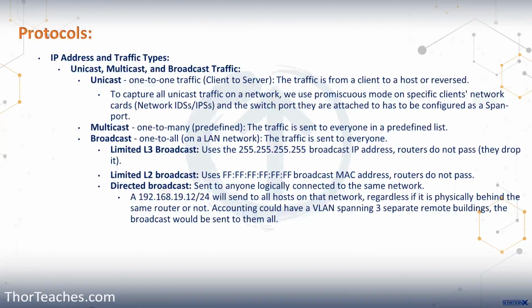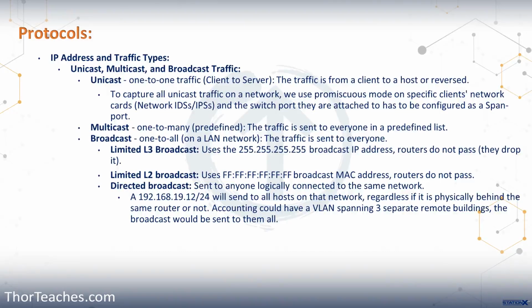Now let's finish out this lecture by looking at the different types of traffic that we can send, and then in the next lecture, we will cover IPv4 and IPv6. First off, we have unicast, and that is one-to-one traffic. That is me sending traffic to a host and the traffic returning from that host to me.